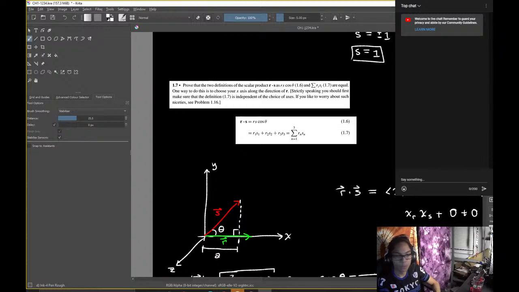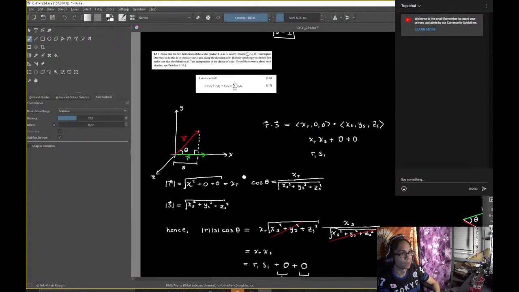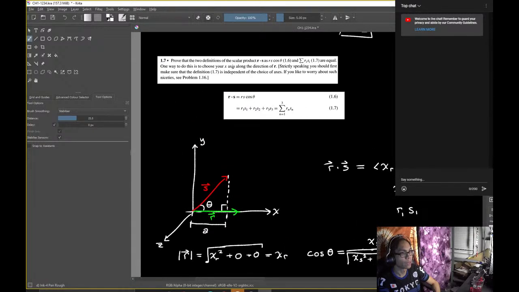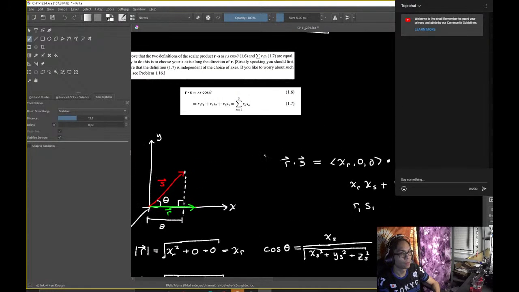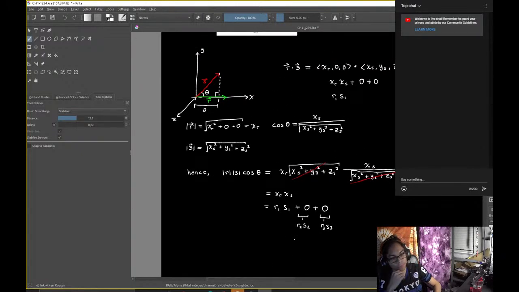Alright, that's going to be the more general part, but this is basically the proof of when this can be transformed into this. Yeah. The dot product can be transformed into the sum of all these R and S. So we loosely proved it? I'm just not very convinced about this one. But I mean, this looks very convincing, right?